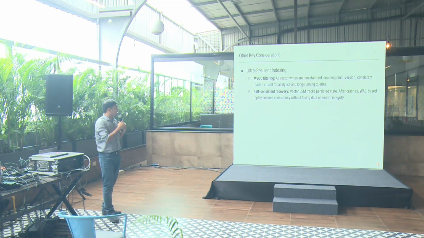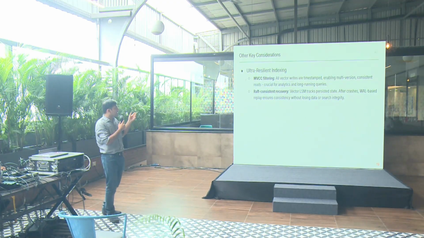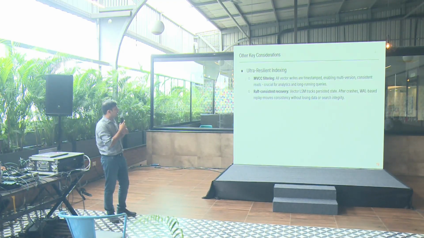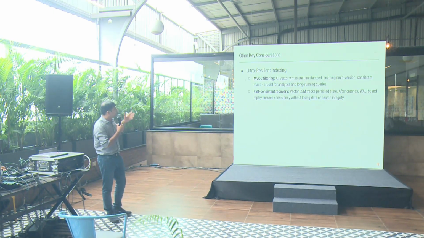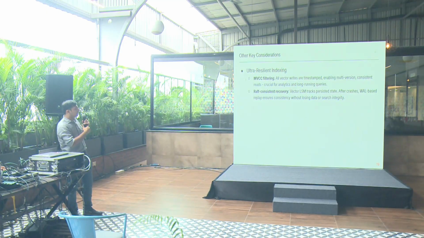And Raft consistent recovery: vector relation tracks the persistent state, so when a crash happens, it can read the WAL records so that we don't lose any data. This is something that is already there in YugabyteDB, so it helps with YugabyteDB being a vector store.